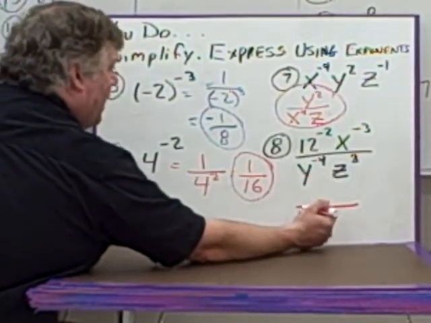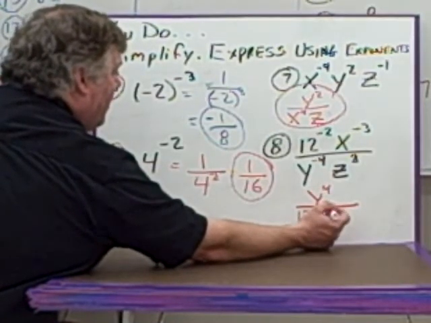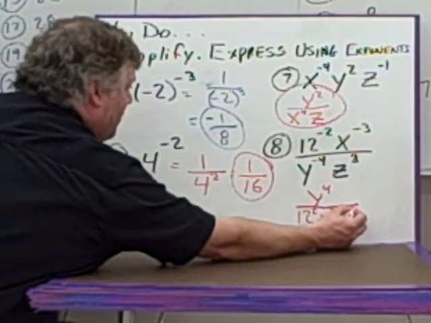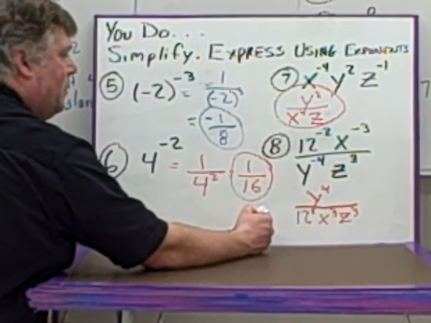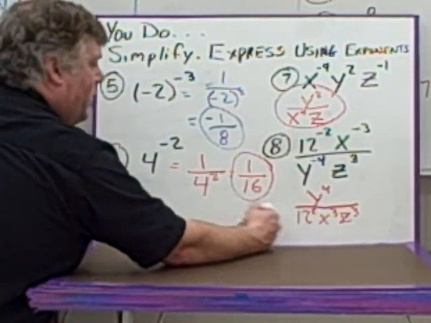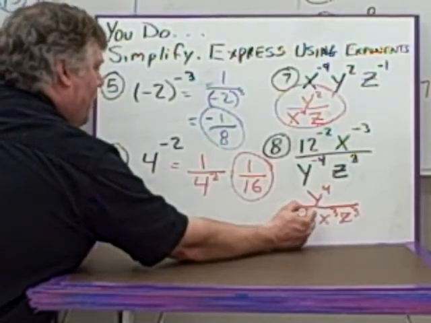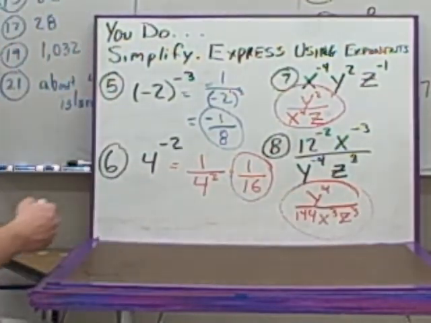The y is negative on the bottom, so it moves to the top to become positive. The z cubed is positive on the bottom. It stays where it is. It doesn't need to move to change the sign. It stays down here. We would have to work out 12 squared. 12 squared is 144. So this would be your final answer on that one.